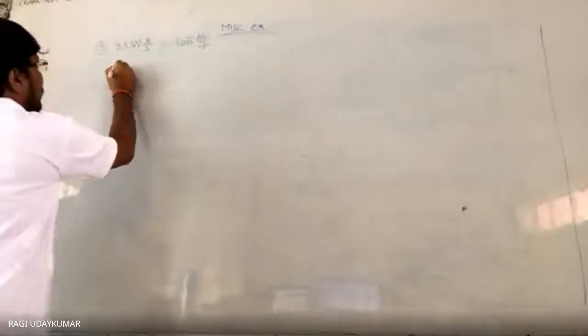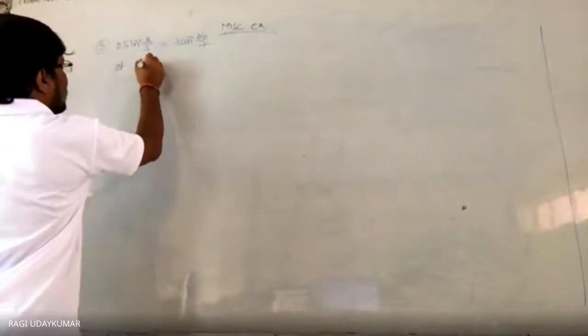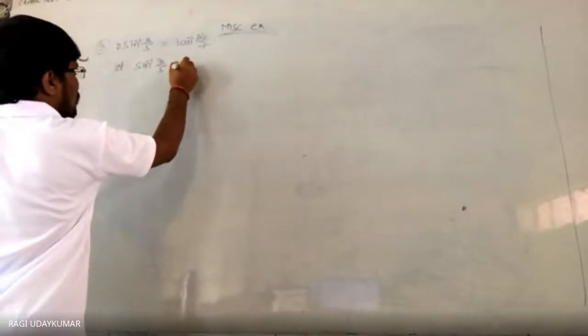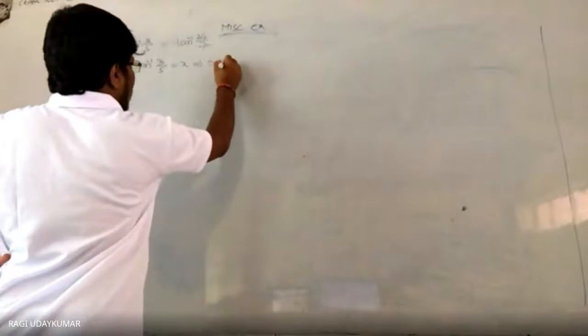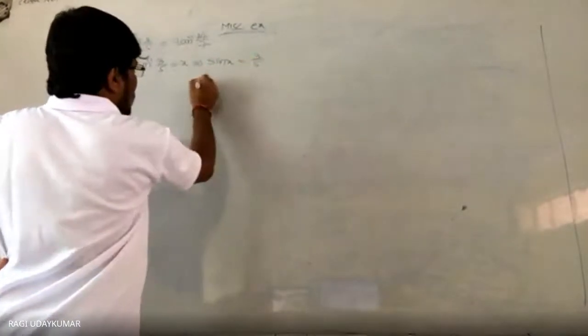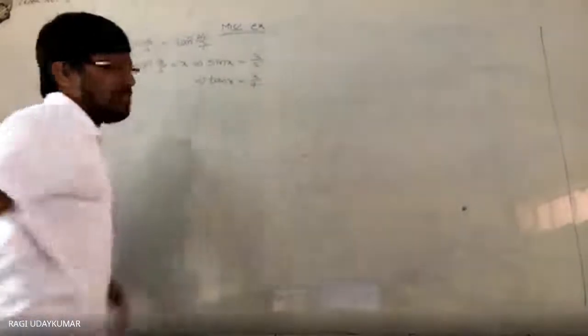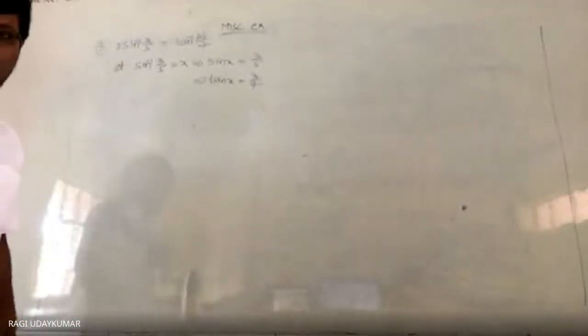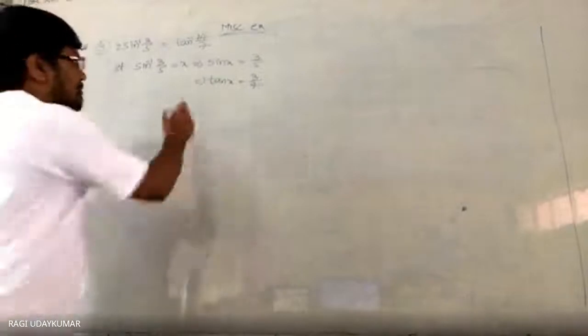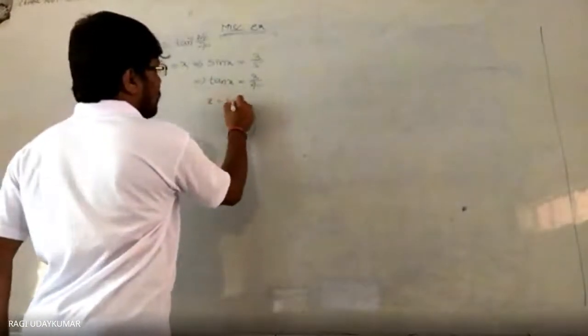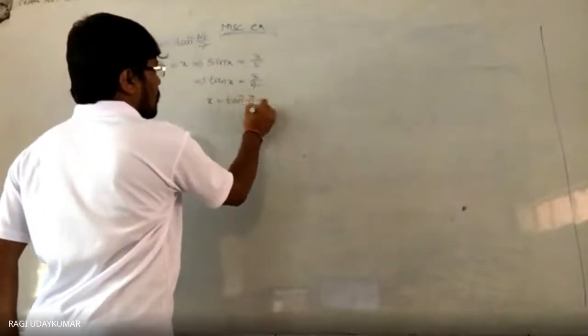Tan में लिखने के लिए what to do here? First let us consider sin inverse of 3 by 5 is equals to x. From this sin x is equals to 3 by 5 you will get. From this tan x is equals to 3 by 4 you will get as we have solved in the previous problem. समझ में आया? So therefore x is equals to again you will get tan inverse of 3 by 4.